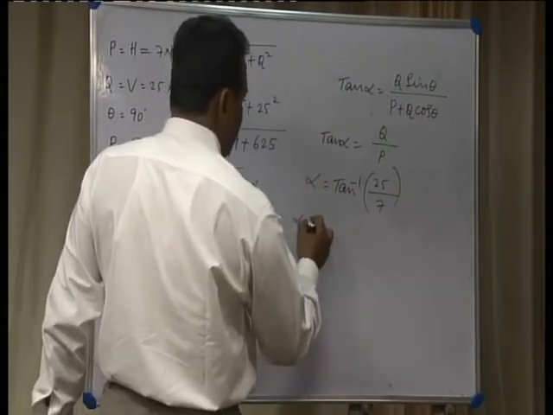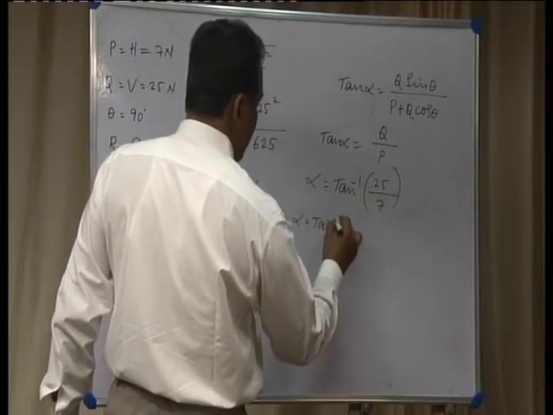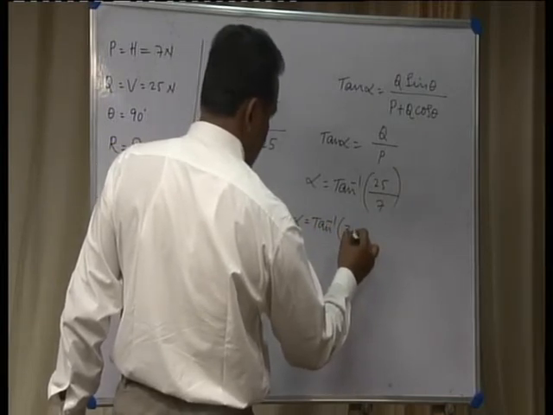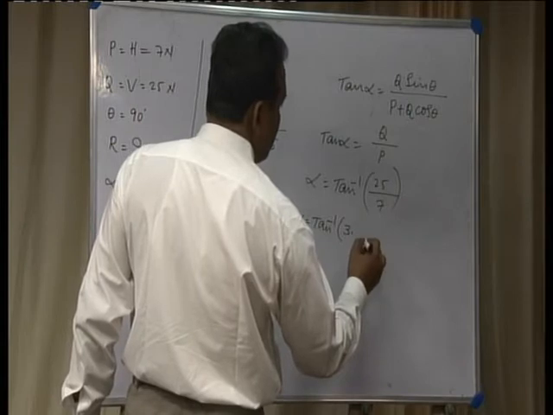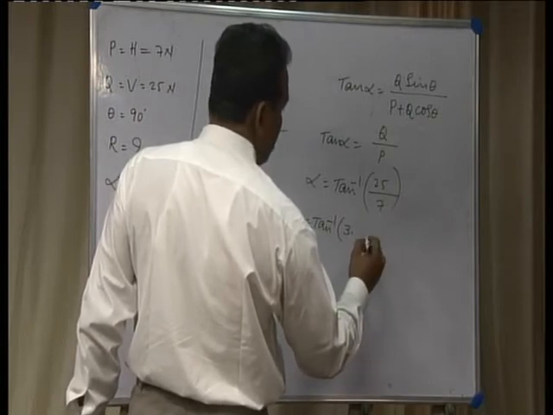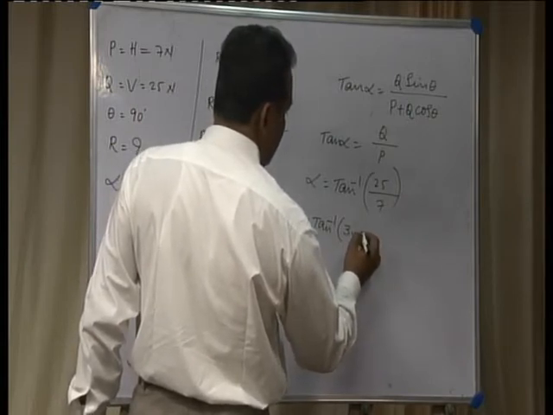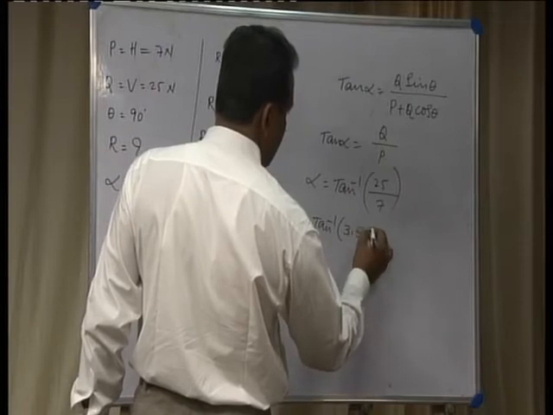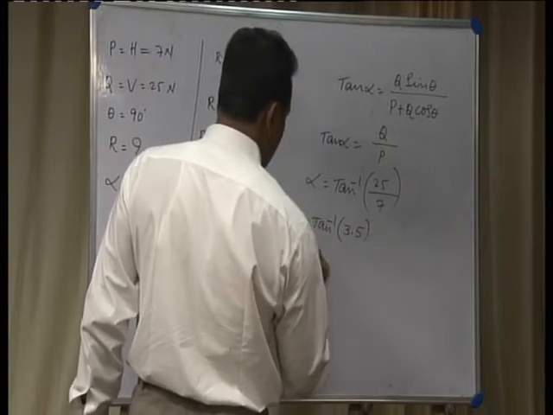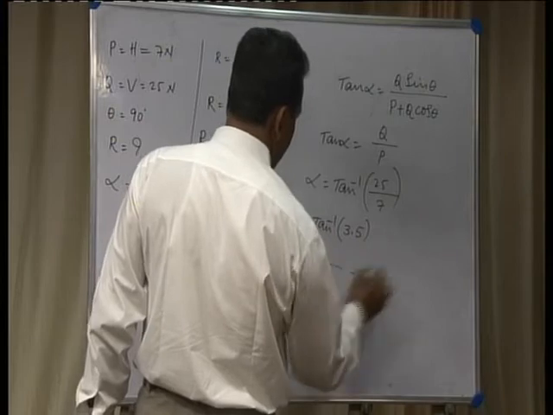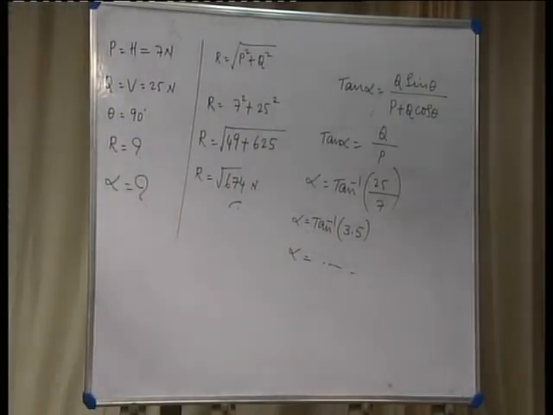So, alpha is equal to tan inverse of 3.57, which is about 74 degrees. So, move on to the next problem.